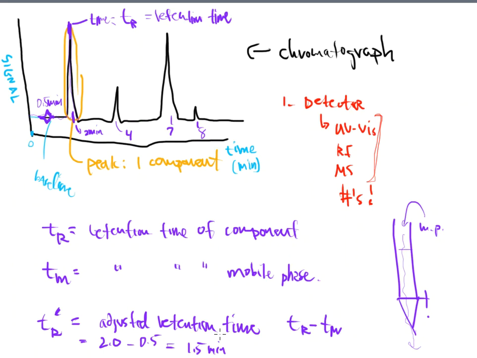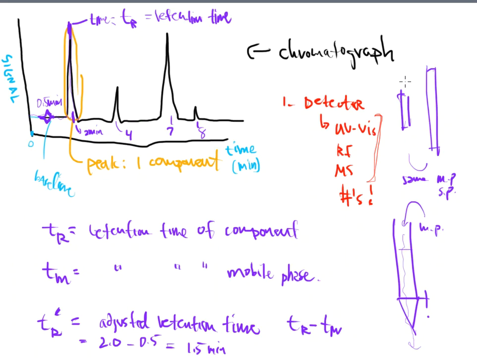So if I choose a very short column in the lab, and then another lab chooses a very long column, and we fill it with the same mobile phase and the same stationary phase, my sample should separate the same way, right? The order of separation should be the same. The shapes of the peaks maybe should be similar. The difference is the length of the column.